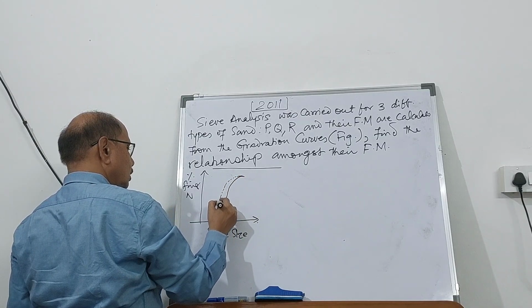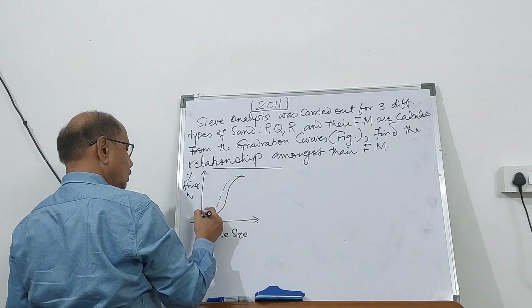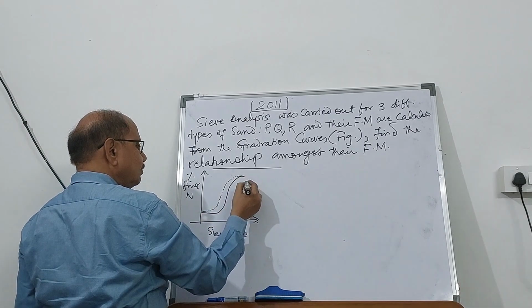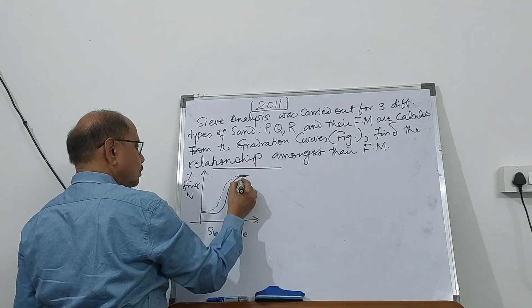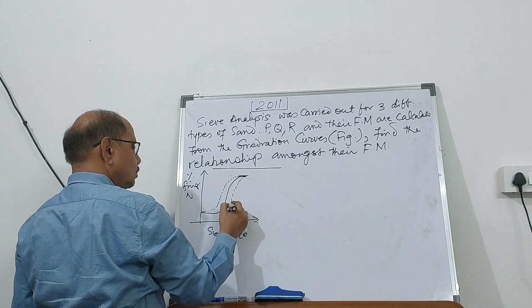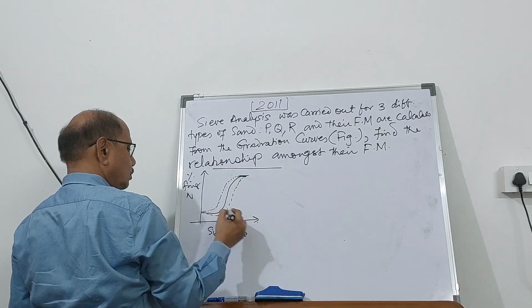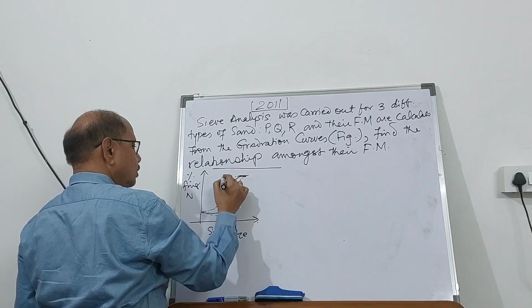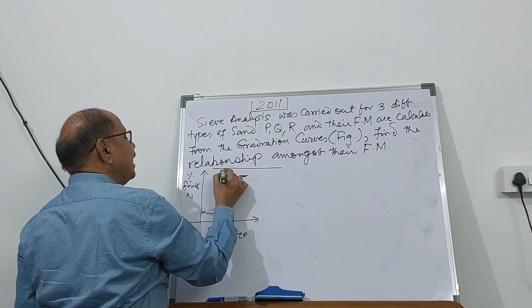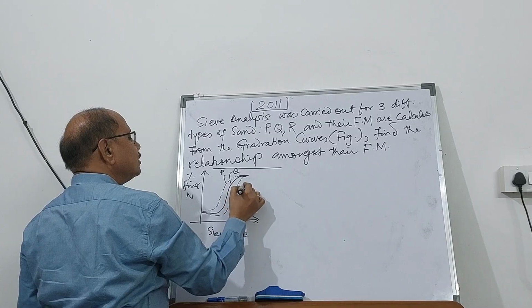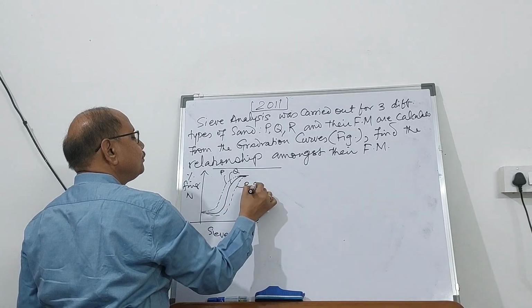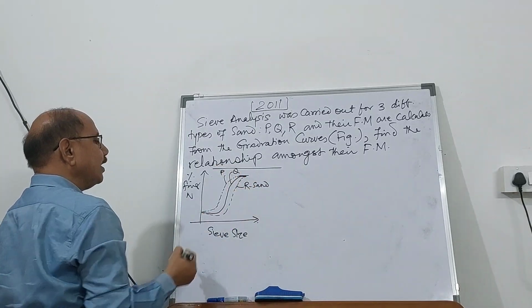This is for P sand, this is for Q, and this is for R sand. This is the gradation curve.